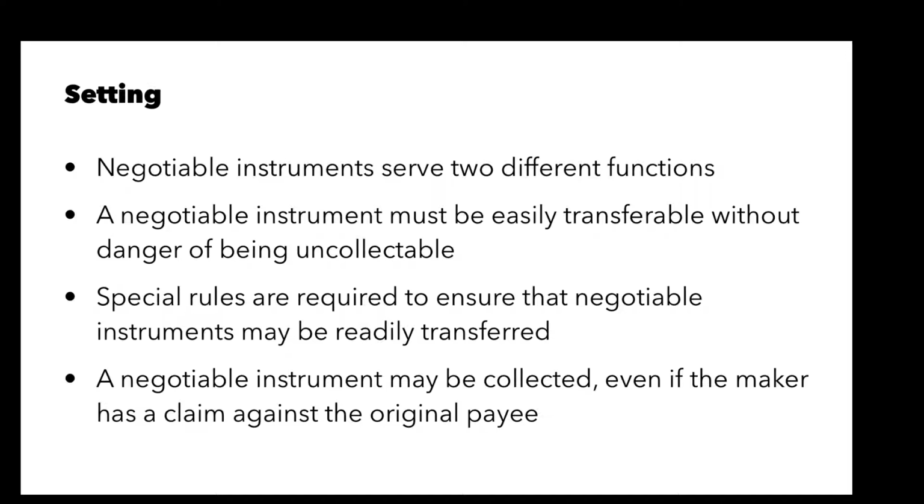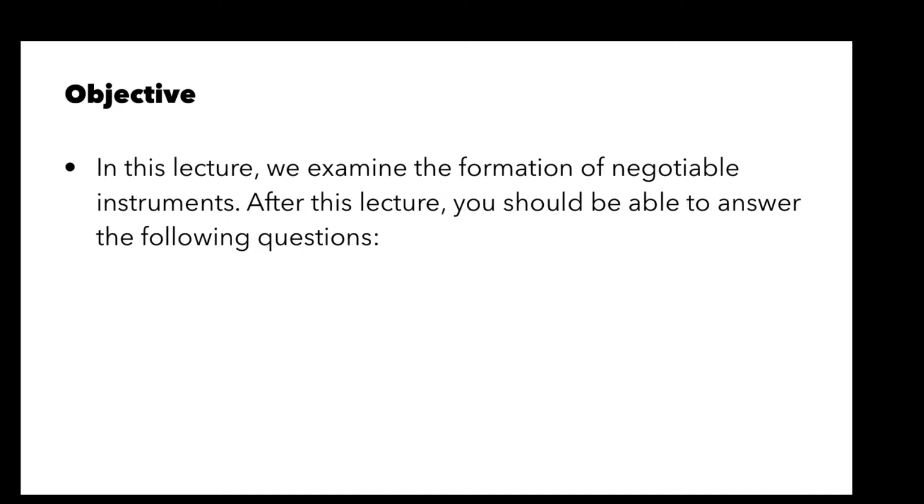Even though there's a dispute between the original maker of the note and the payee on the note, if the payee transfers the note to a third-party purchaser, that third-party purchaser can collect the amount of the note from the maker, regardless of any claim that the maker had against the original payee on the note.